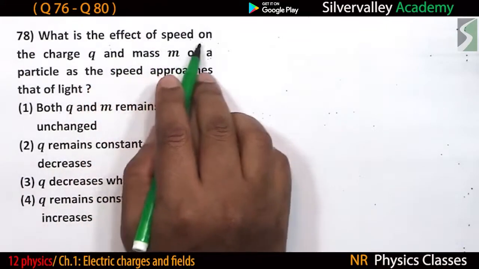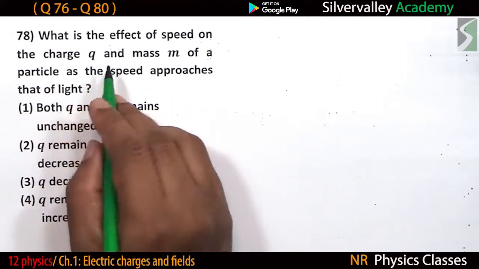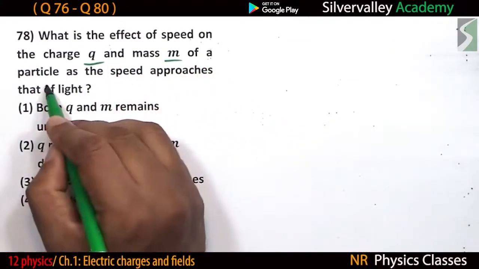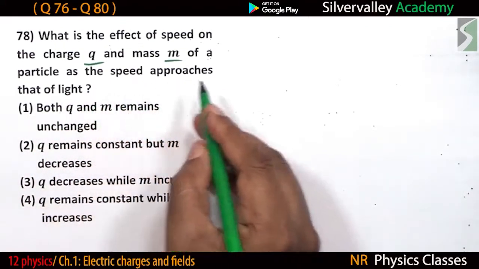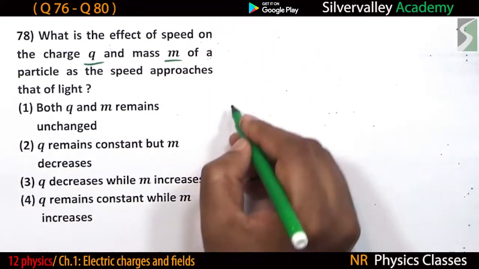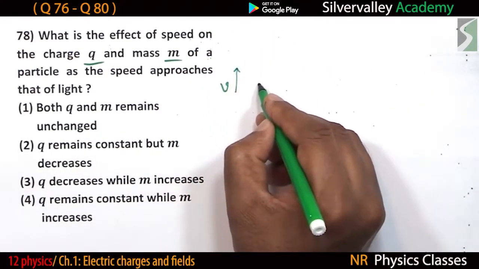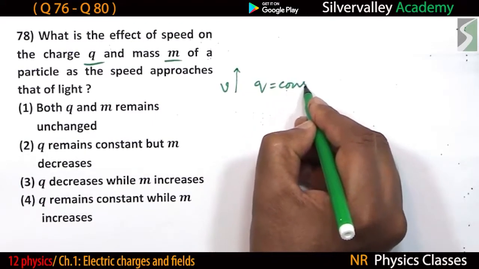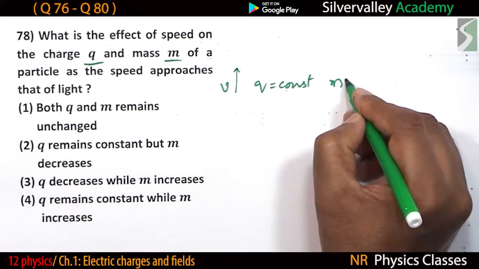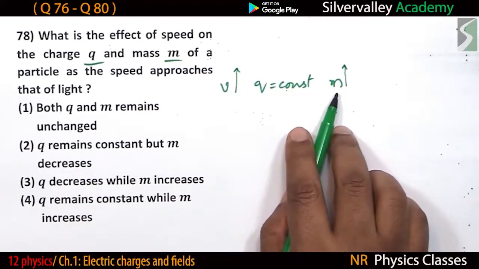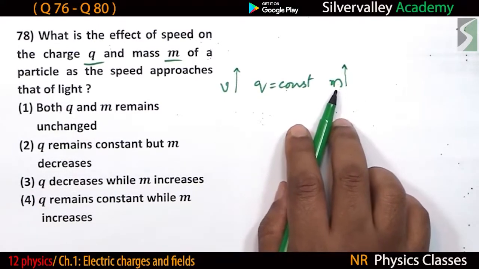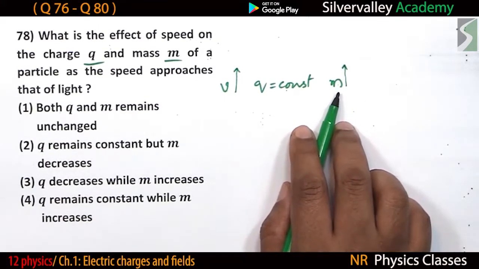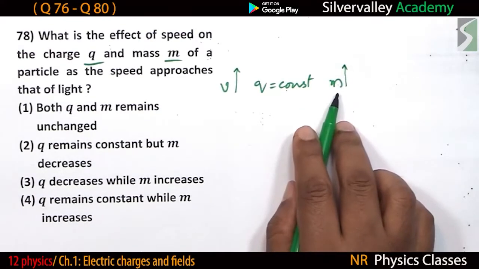What is the effect of speed on the charge and mass of a particle as speed approaches that of light? As speed increases, charge remains constant, whereas mass increases. This is the outcome of one of the theories called special theory of relativity, where mass increases with the increase in velocity.